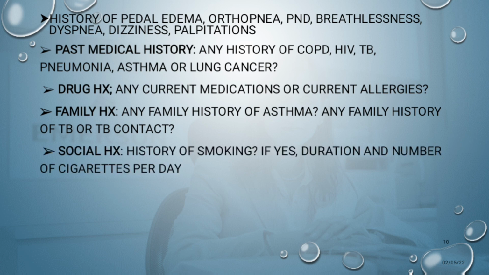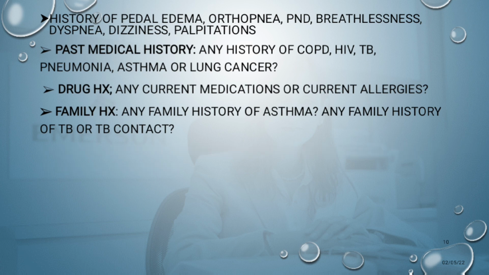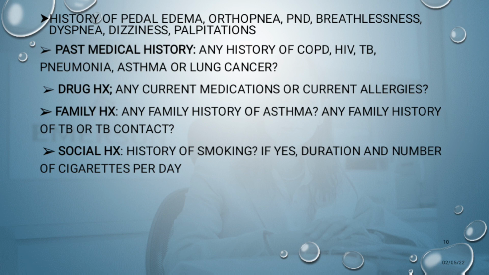If they have TB contact, you can ask when that contact was. You might find that it's actually been 20 years, but at least ask about any recent one. Then for social history, ask for any history of smoking. If yes, what's the duration and the number of cigarettes per day.